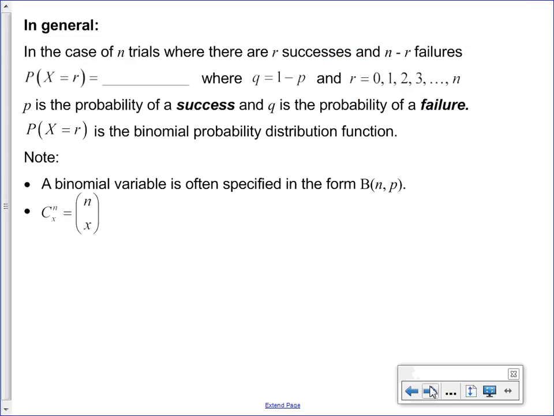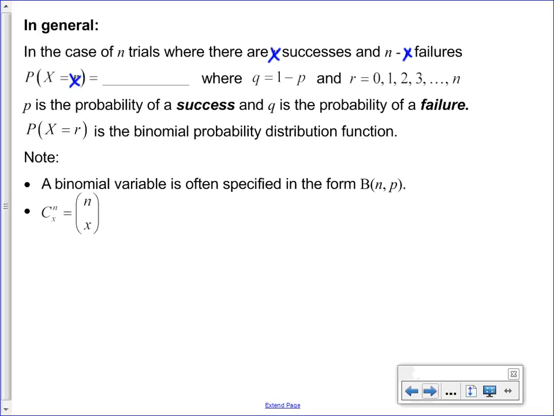Here we go. Let's change it to what we're using. In the case that there are X successes, right? So that X equals X. Sorry about that.